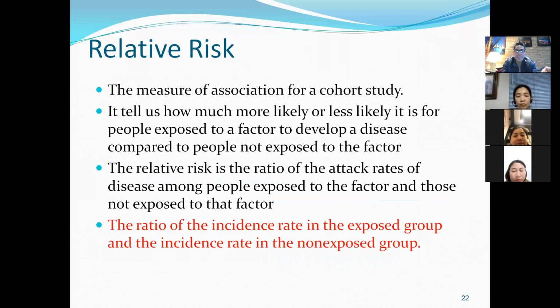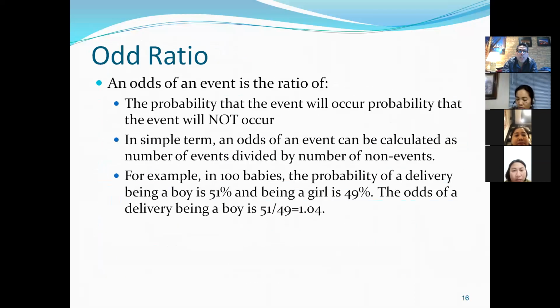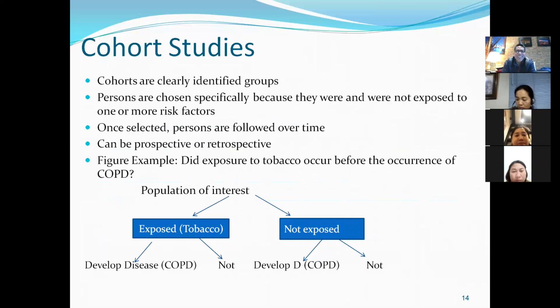And in a cohort study, if you look back again at the definition of the cohort study, it's about exposure. Whereas in case control, there was already the disease. You see, that's a major difference.